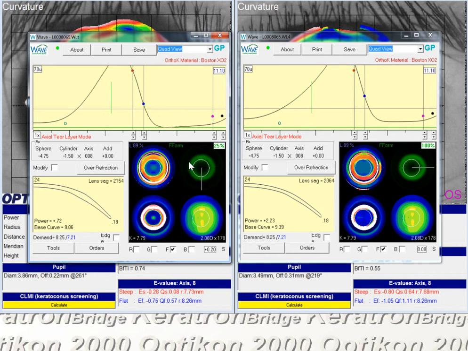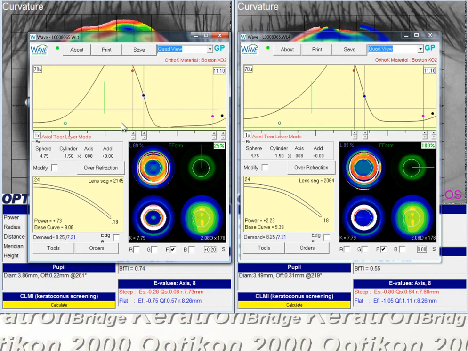So superior and inferior, and then the obliques should be fairly symmetrical. That's just a lot of up and down and clicking around the meridians until you have powers that are fairly even across on the mirrored side of the lens, and then also a demand that matches your original.